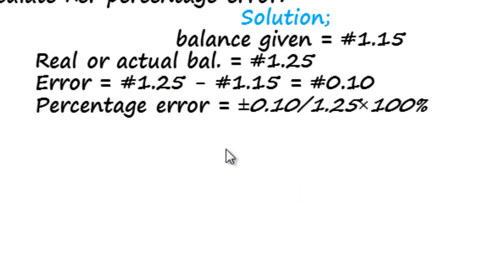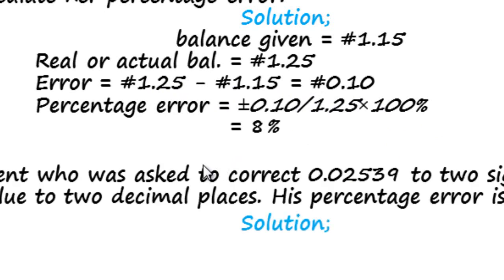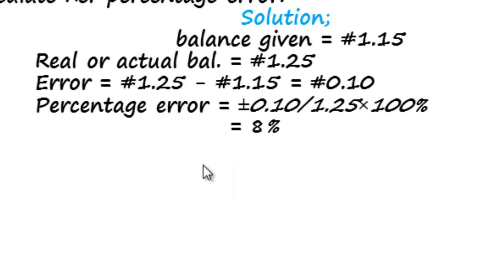So having done that, you are now going to get 8%, because when you multiply it, 0.10 times 100 gives 10, and 10 divided by 1.25 is 8. So the percentage error is actually 8%.